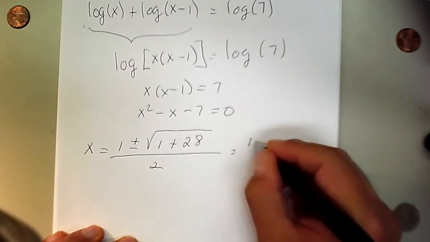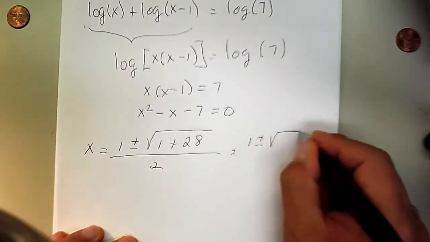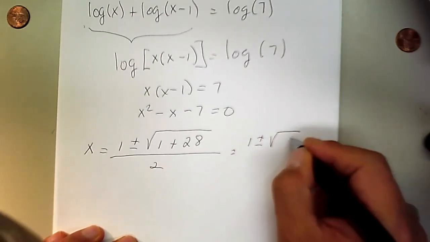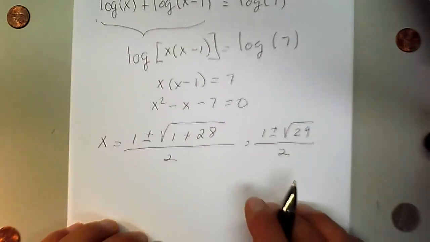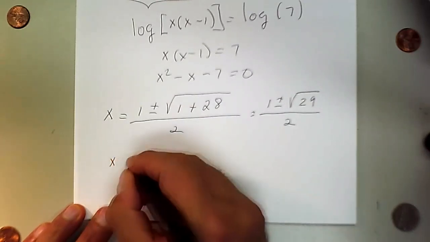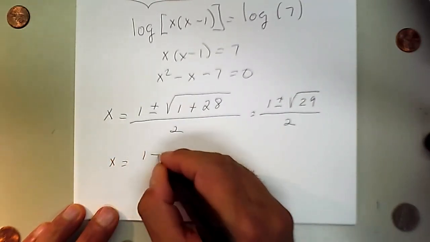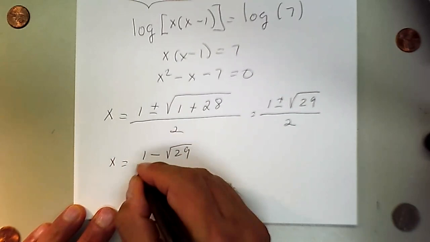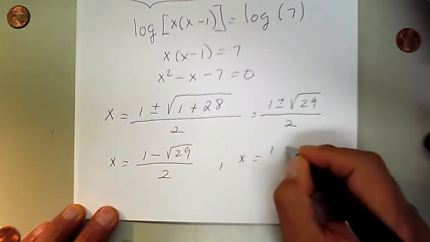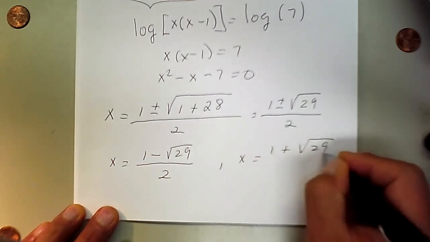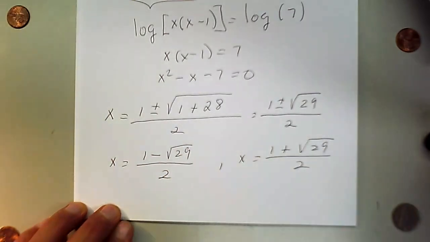So we end up with 1 plus or minus the square root of 29, all of that over 2. So we got two solutions. One of them is 1 minus the square root of 29 over 2, and the other is 1 plus the square root of 29 over 2.